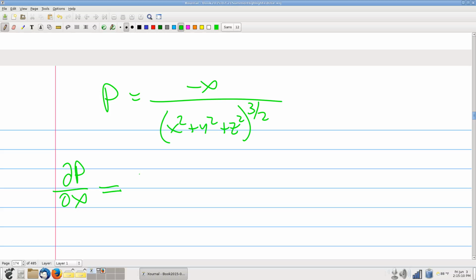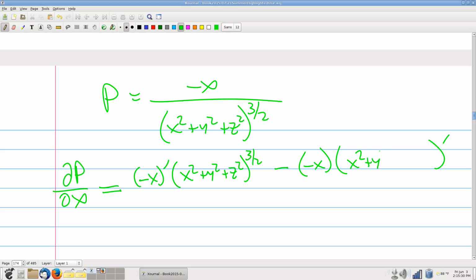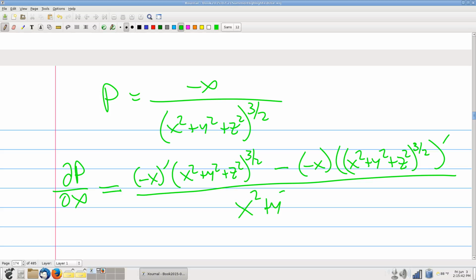So I start off by taking the derivative of the numerator times the denominator, and then minus the numerator times the derivative of the denominator, and then we divide by the denominator squared.